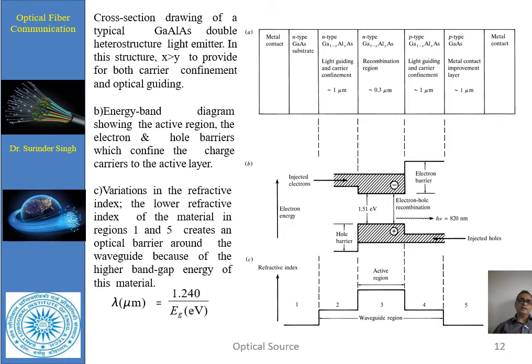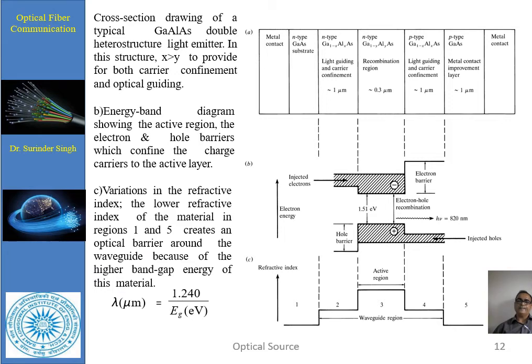In this, the energy band diagram shows the active region, with electrons and holes, the charge carriers, confined in this region. Here injection of electrons and injection of holes takes place, so that holes can lie above the hole barrier and electrons above the electron barrier, and the energy gap between them is 1.51 electron volts. For radiative recombination of electrons and holes, the charge has to be confined in this region.